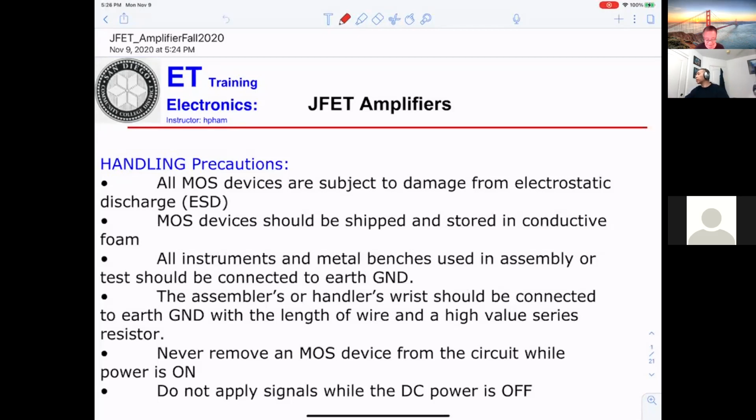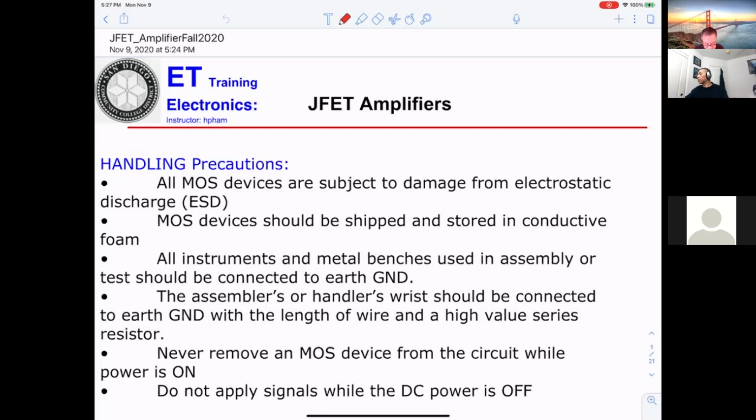Okay, MOSFET devices are subject to damage from electrostatic discharge, ESD. Most devices should be shipped and stored in a conductive foam. Instruments and metal benches used in assembly or test should be connected to the ground. The assembler's or handler's wrist should be connected to ground with a lead of wire and a high value series resistor.